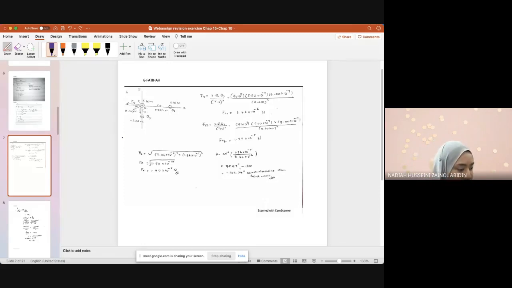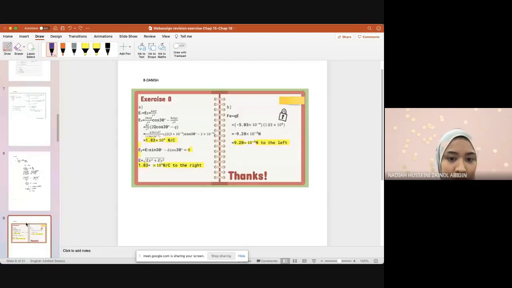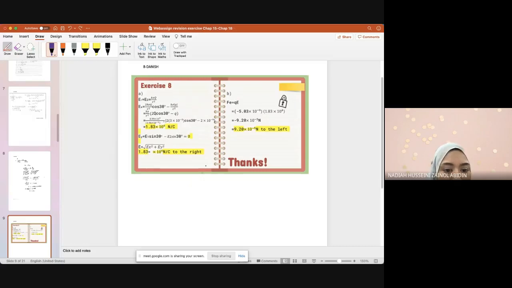Okay, let's do electric force, number 8. Danish's answer is so short. It should be longer. Okay, so question number 8. The diagram looks like this.